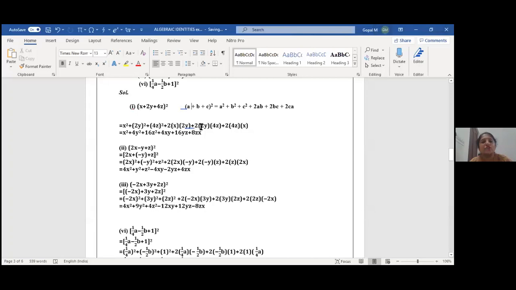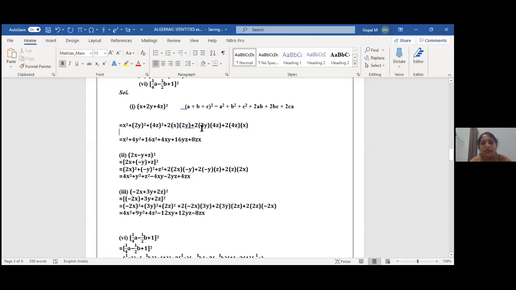Plus 2 2s are, first you multiply the numbers, then you multiply the variables. See, 2 2s are 4, 4 4s are 16, here y into z, yz. Here the last term, 2 4s are 8, z into x, zx. That's all your answer. Any doubt in this, children?